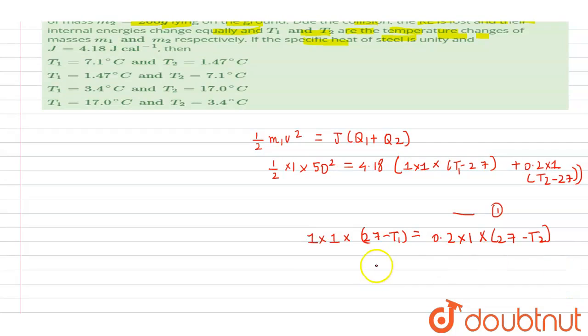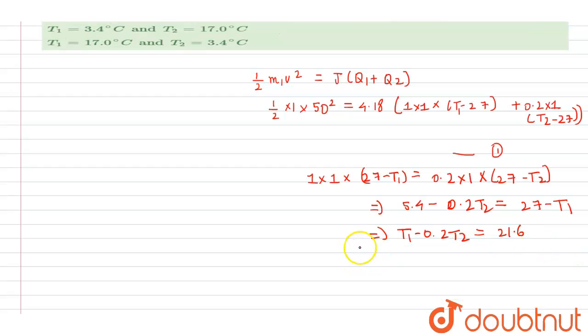So what we derive is 5.4 minus this much is equal to 27 minus T1, or T1 minus 0.2 T2 equal to 21.6 degrees Celsius. We name this as equation 2.